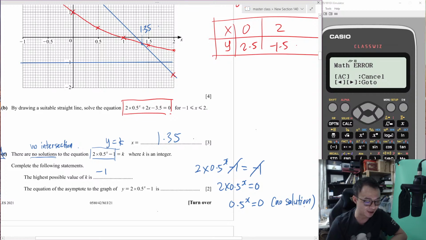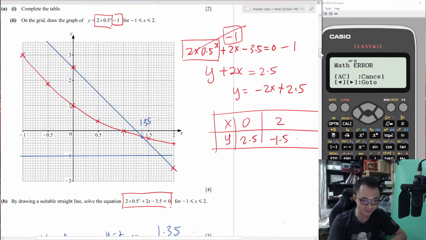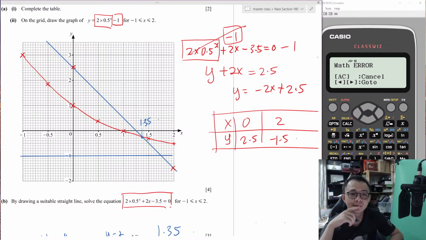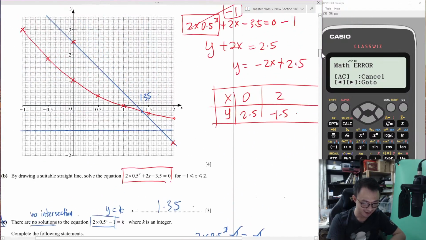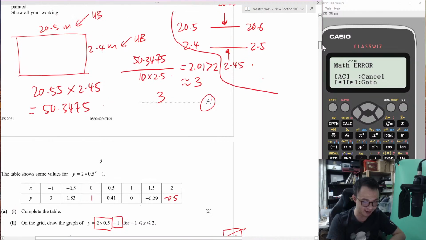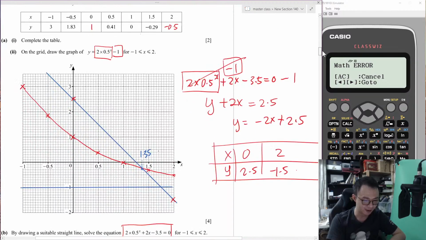Y minus by 3. I didn't get the question here. So how to get negative 3? Where do I have the negative 3? I guess they are asking about the last question.